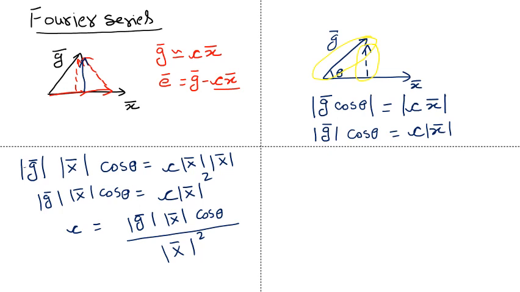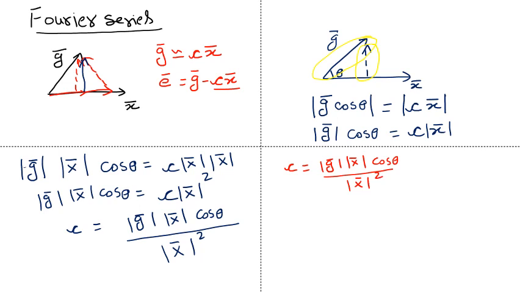Now we can conclude that we have derived the value of c. Let me write it again. What we have derived is mod of g into mod of x into cos theta divided by mod of x square.